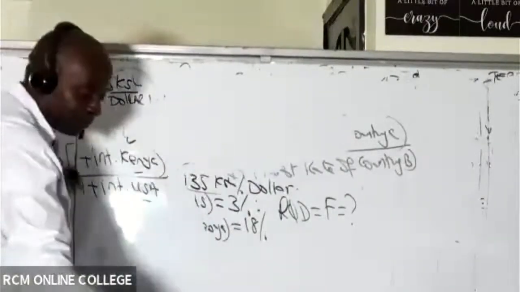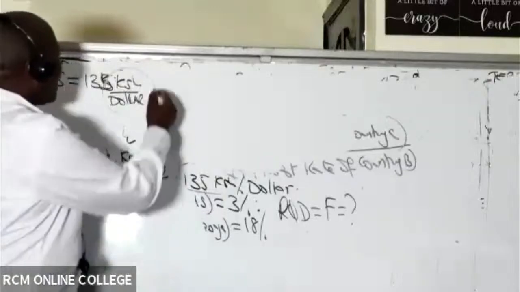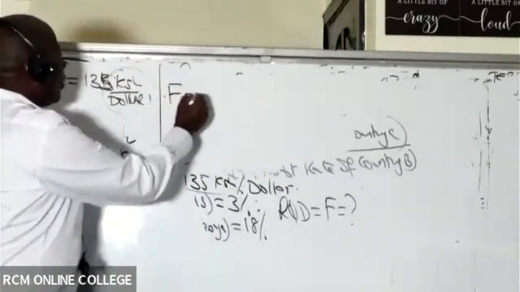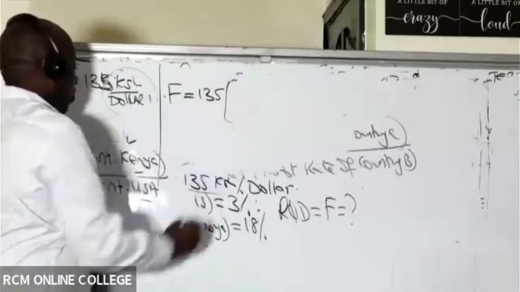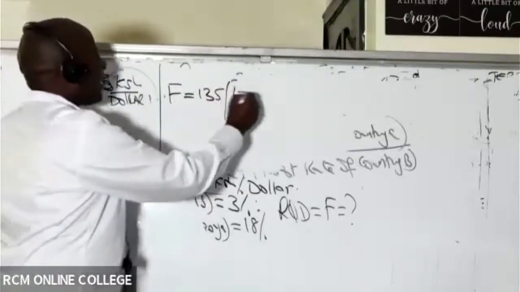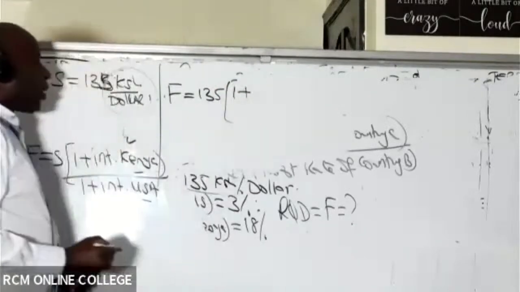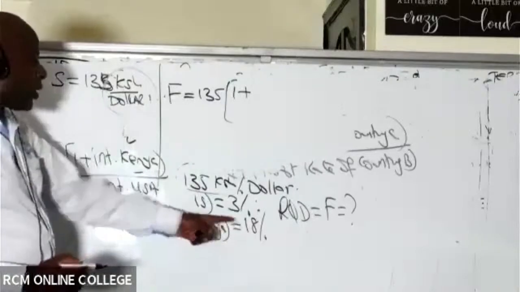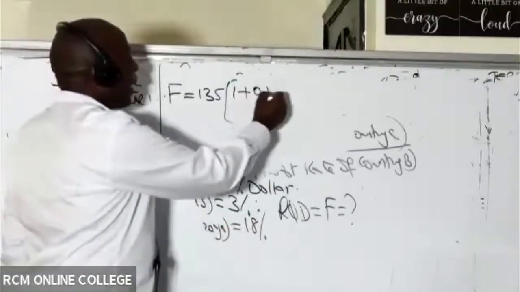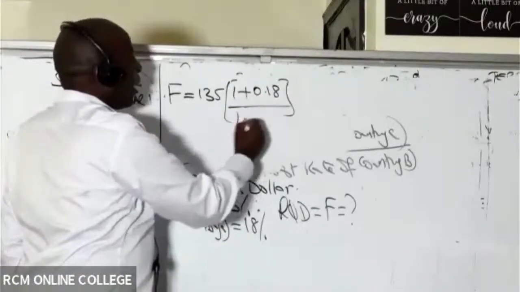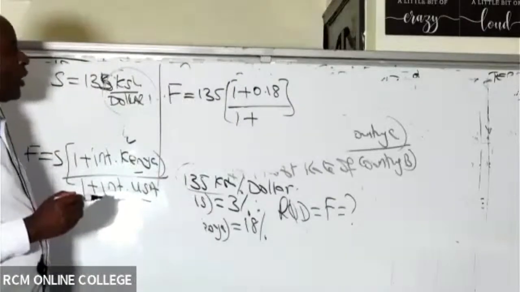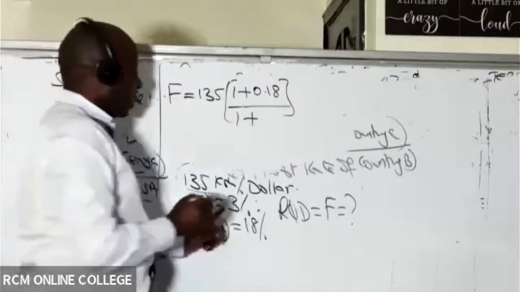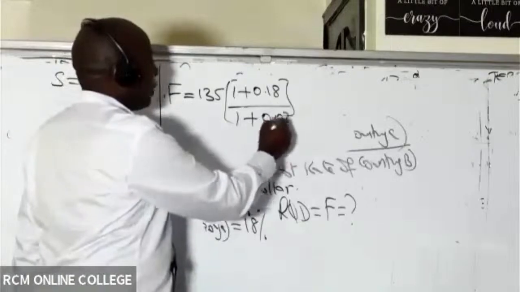So then if that is the case, my F here will be equal to, the spot rate is 135 into 1 plus interest rate in Kenya, which is 0.18, all over 1 plus interest rate in the US, which is 3%, 0.03.